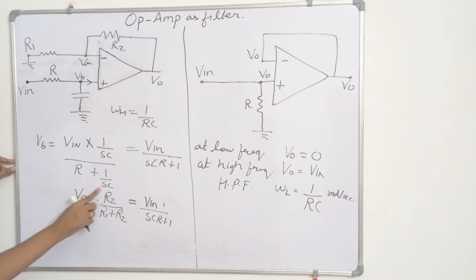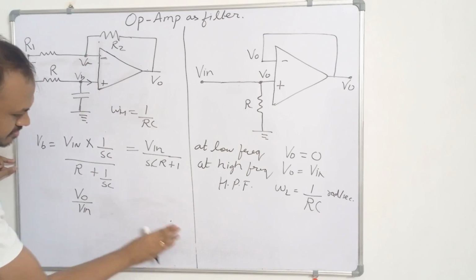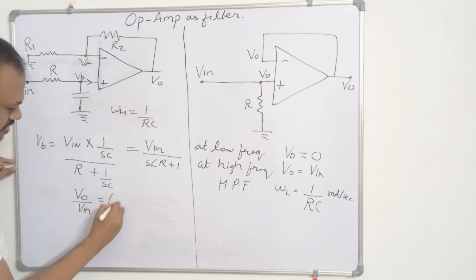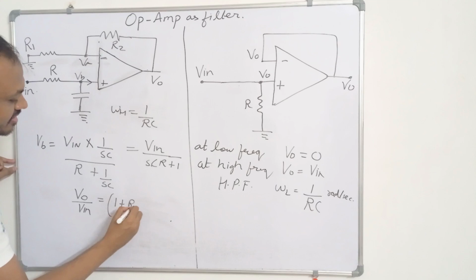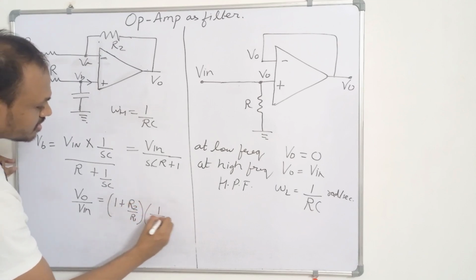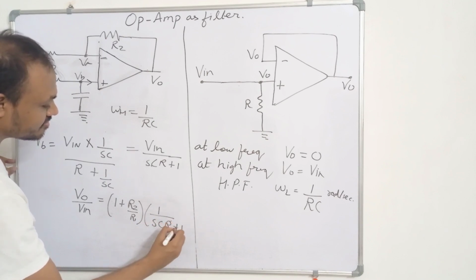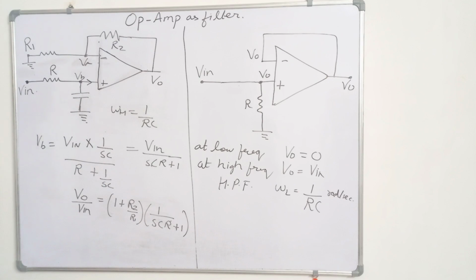So V naught upon V in will be equal to (1 plus R2 upon R1) into 1 upon (SCR plus 1). This is the voltage gain in terms of the Laplace domain.